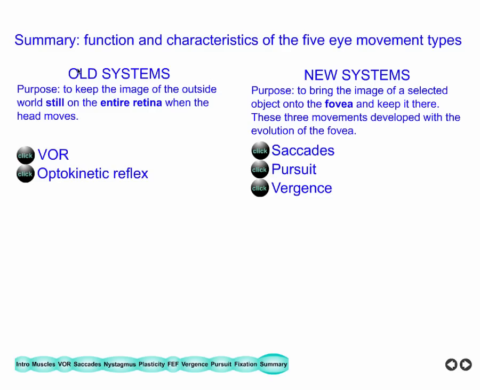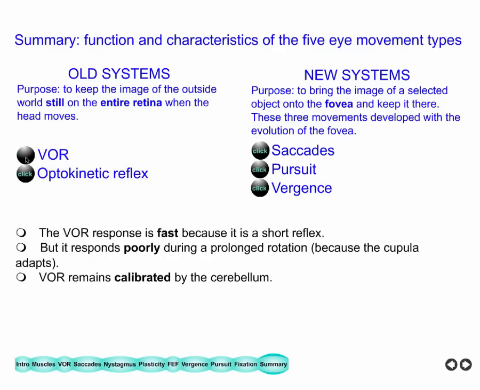The job of the old ones is to keep the image stationary on the entire retina. Something big that's happening in the world, the world must be moving. So the VOR and the optokinetic reflex help you keep these images, the whole world, stable on your retina.